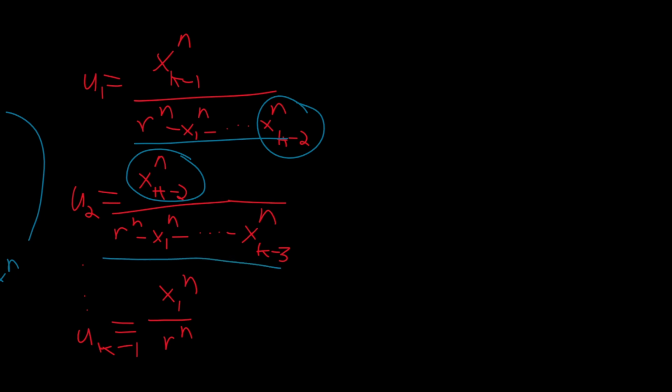So let me write this out a little bit neater. We can say that x_{k-2}^n is just equal to u2 times (r^n minus x1^n ... minus x_{k-3}^n), because you just multiply both sides by that.